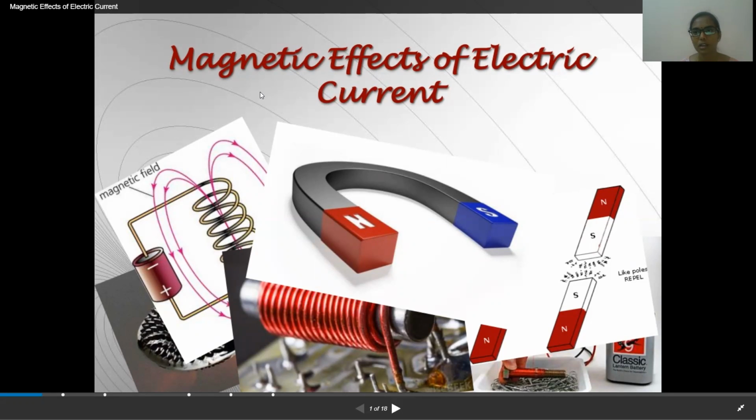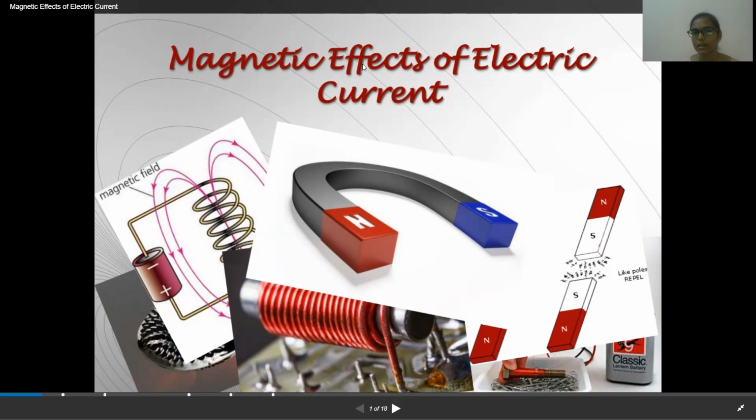Okay, the answers to all these questions we're going to see in the chapter, that is magnetic effect of electric current. When you pass electricity, electric current is converted into this magnetic effect. That is what we call the magnetic effect of electricity. I think in your class 8th and 7th you have learned, when you pass electricity it is converted to heat energy and light energy, like in bulbs and iron heaters.